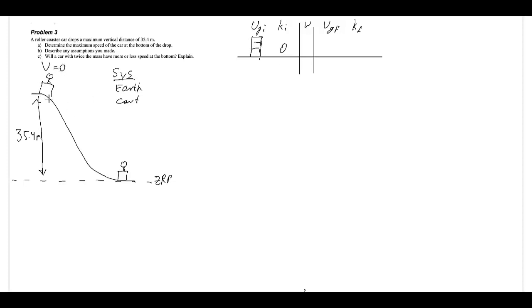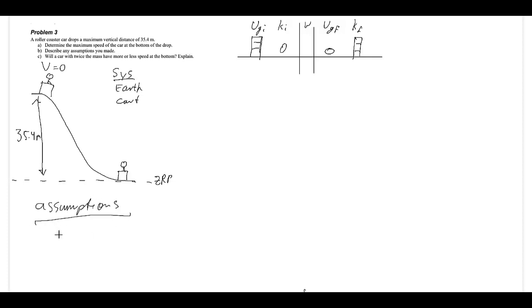It is starting from effectively a standstill right before it comes down. That's a pretty big assumption. Then it ends up at the bottom with all kinetic energy, no gravitational potential energy. I'm assuming this also, so assumptions.